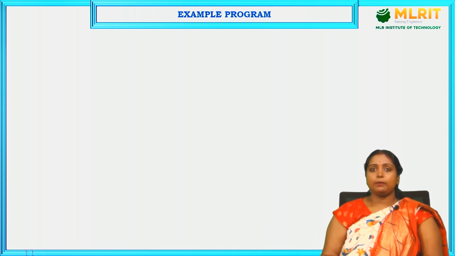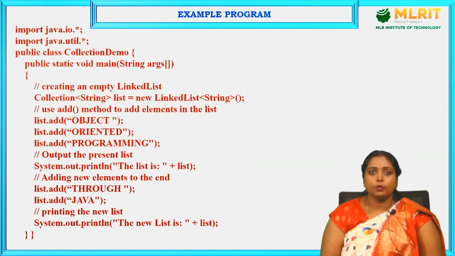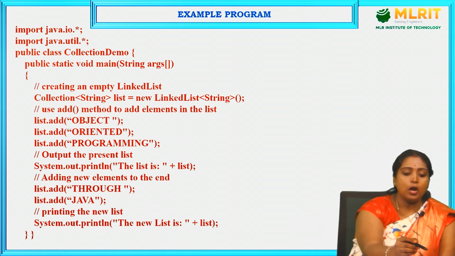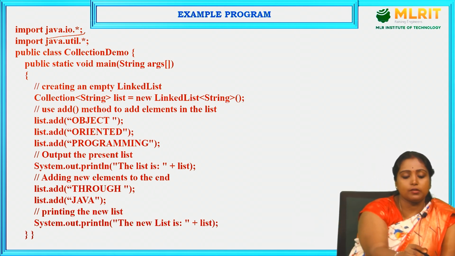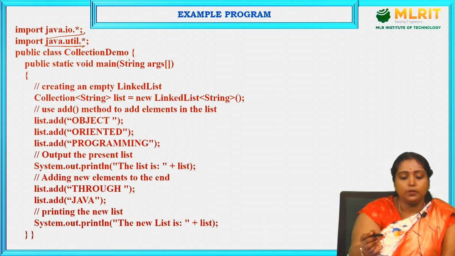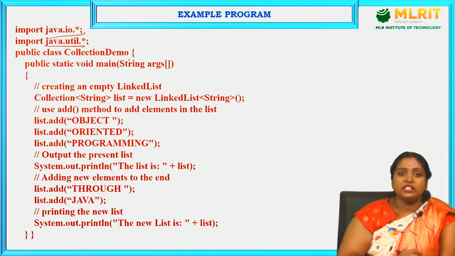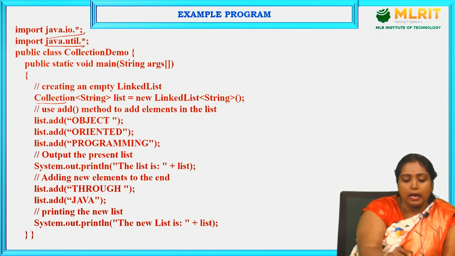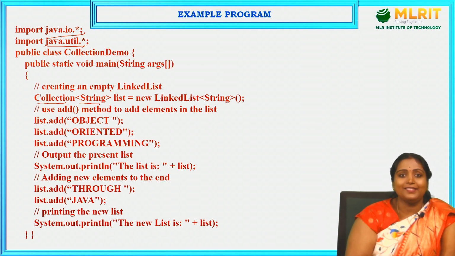Coming to the example program, here is an example program. So I have created a new list. In order to execute this, I have to import java.io.* and java.util.*. So CollectionDemo is my class name. Here I am creating an empty linked list using collection, and I just want to have a string format.